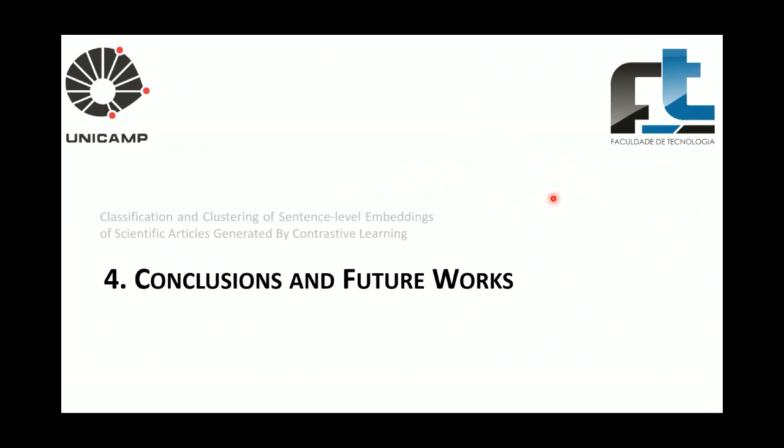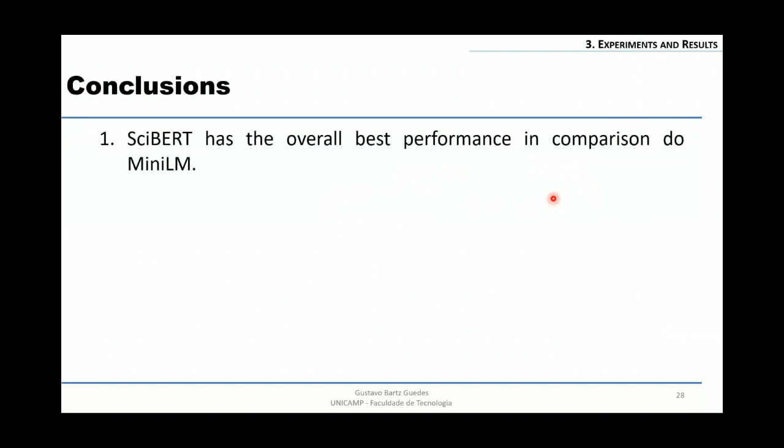So now I'll talk about our conclusions and future works. The first thing we saw is that CyBERT has the overall best performance in comparison to MinLM. The dataset used in pre-training CyBERT has a large impact.